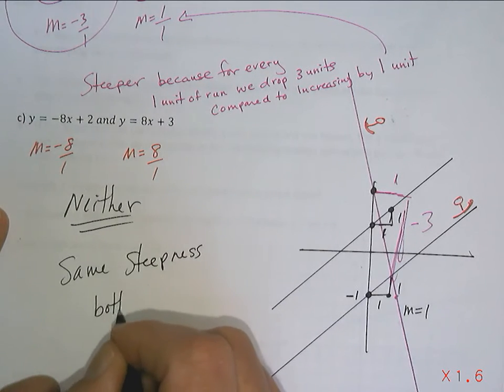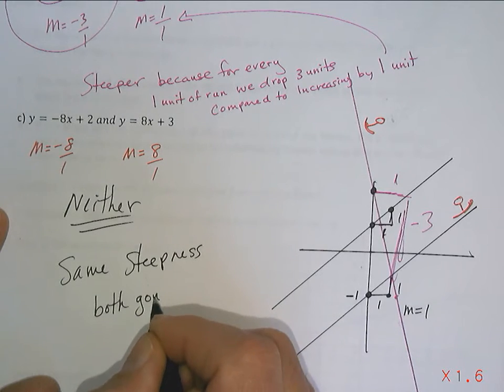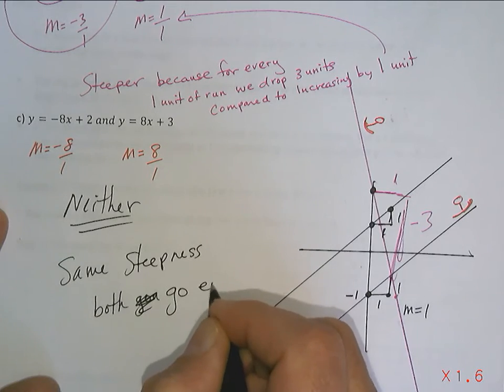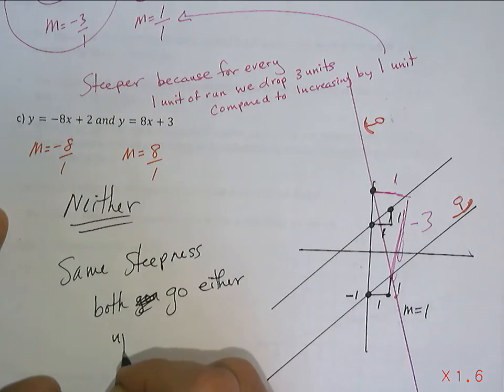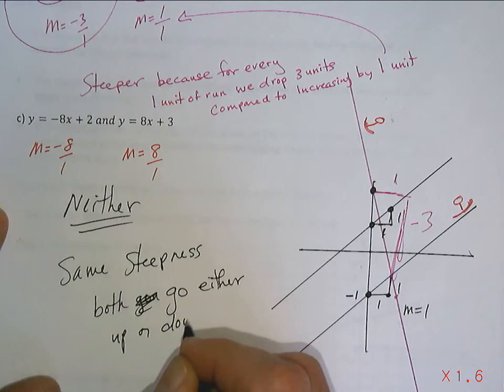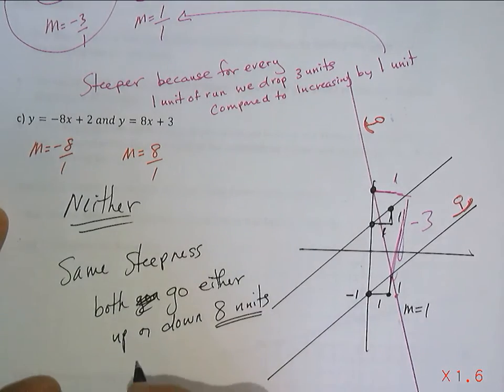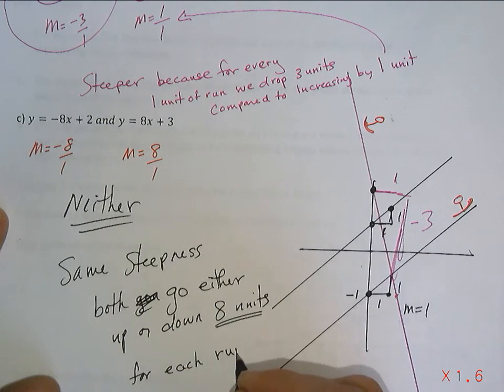Both go, I can't spell. Both go either up or down 8 units for each run unit.